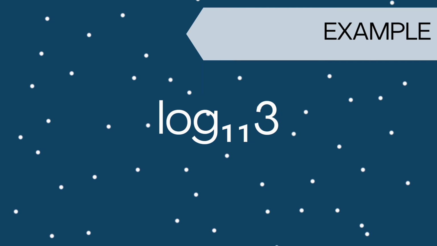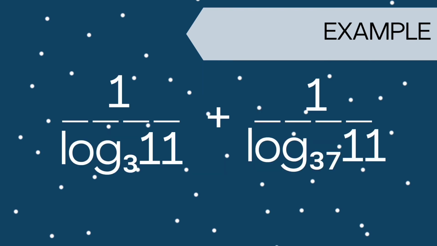How about evaluating 1 over logarithm of 11 base 3 plus 1 over logarithm of 11 base 37? At first glance, it looks like it is impossible to solve this problem without consulting a calculator. However, if you know the change of base property, it becomes a lot easier.